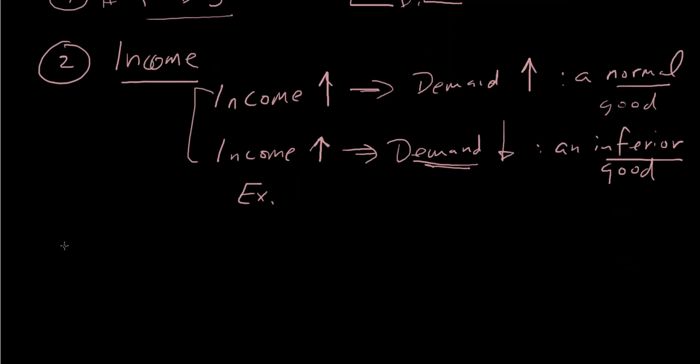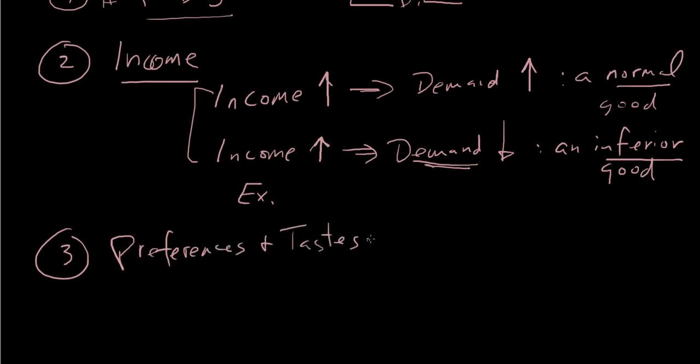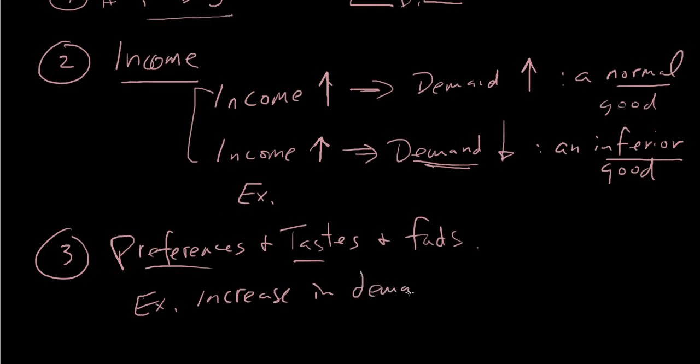And then another factor is people's preferences, buyers' preferences, and taste changes over time, or fashion, right? So for example, for the past 10 to 15 years, there has been a tremendous increase in the demand for chicken.